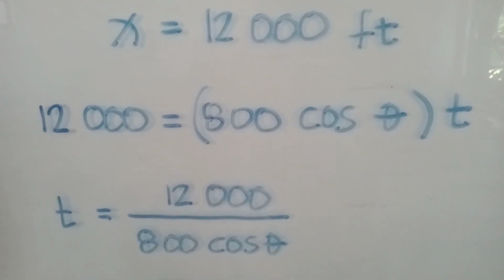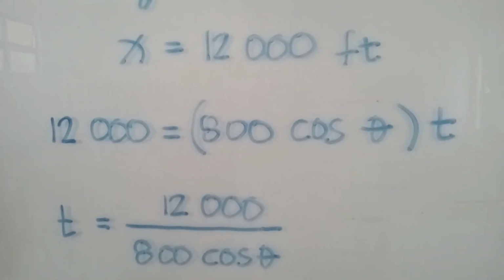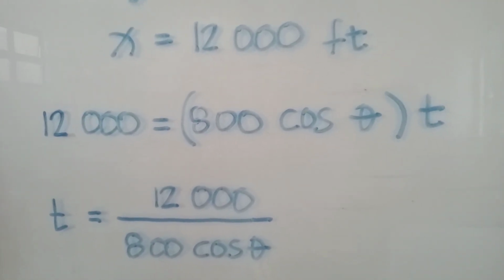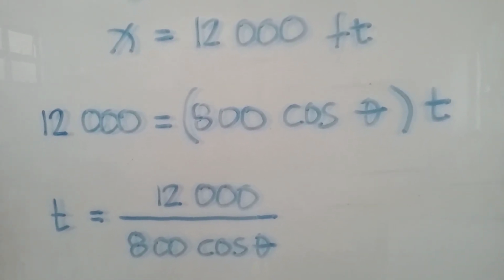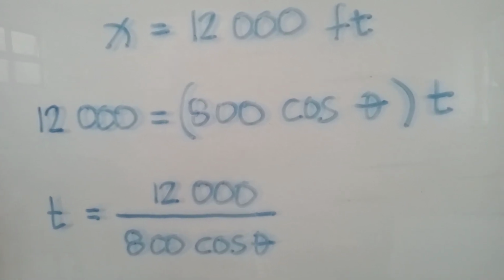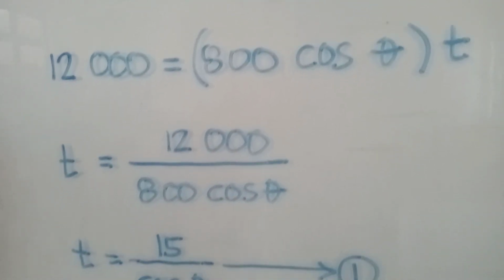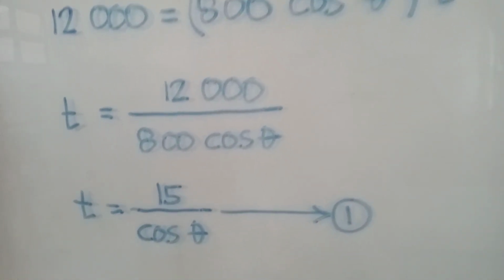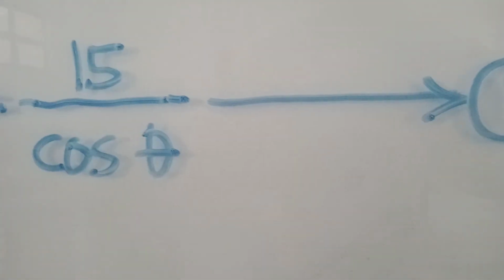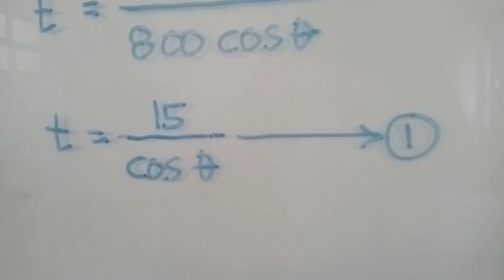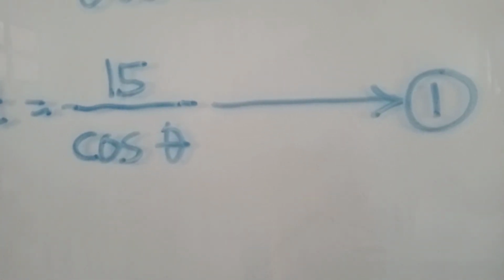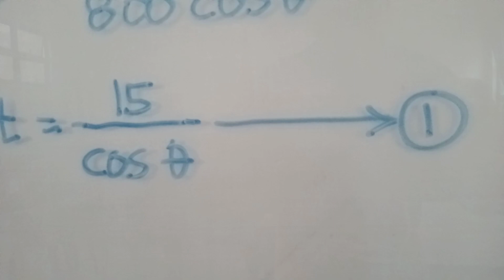So we are anticipating already that we will be dealing with several equations in several unknowns. Since we are after theta, we keep this equation, and let this be equation number 1.